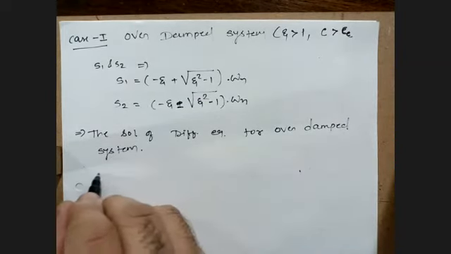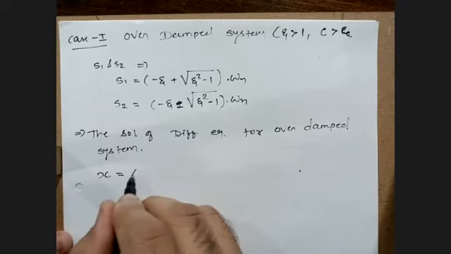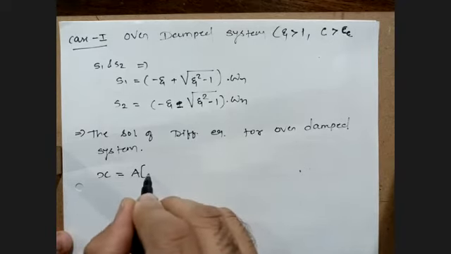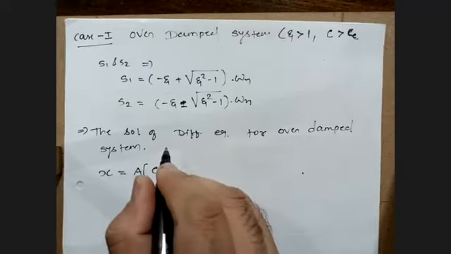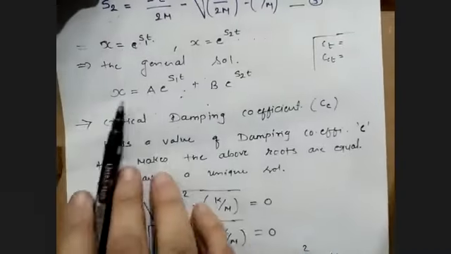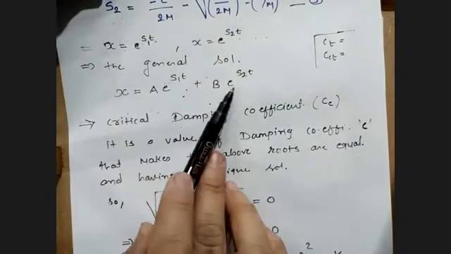That is, x is equal to a e raised to s1t. Just look at the solution we wrote initially, e raised to s1t plus b e raised to s2t.